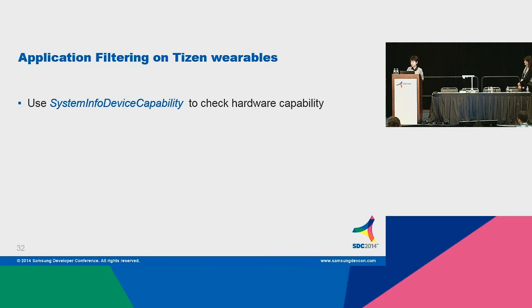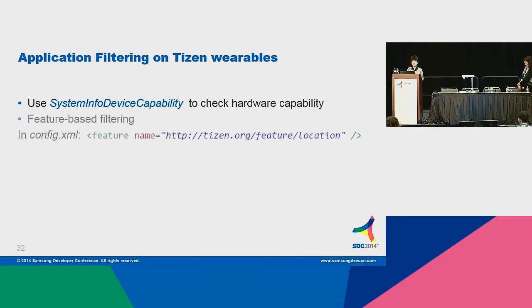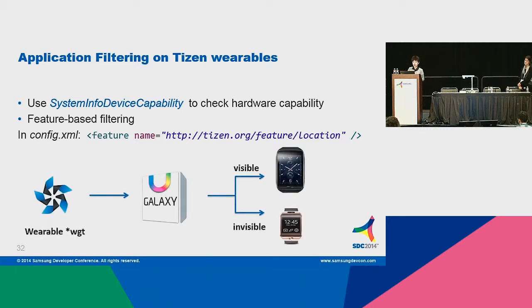If some of these features are mandatory to your application, you can include them in config.xml, so your app will only be visible to the devices that support this feature. For example, here, since my app requires location access, I include this line in my config.xml. When I submit my app to Galaxy App Store, my app will be only visible on Gear S, since only Gear S has GPS support.